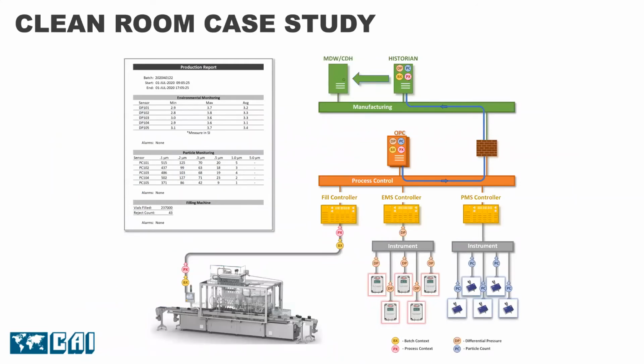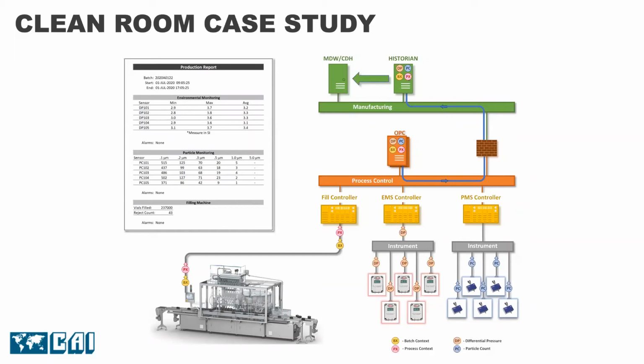In this diagram, the previous solution is taken one step further. Since we are now seeing a lot of non-viable particle counter systems in clean rooms and isolators, we can integrate this data into our process equipment production report as well. In this example, we are getting the batch and process context from the processing equipment's control system.